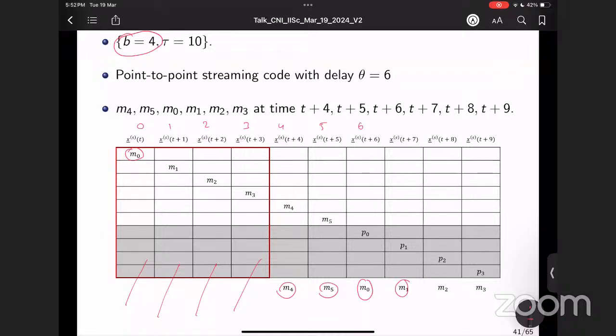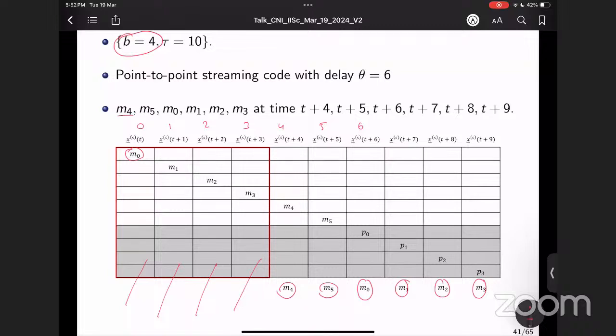I can compute M1, again because I'm using an HT code, using M4, M5, P0, and P1. Similarly, using M4, M5, P0, P1, and P2, I can compute M2. And finally, M3. That's what I have written here.